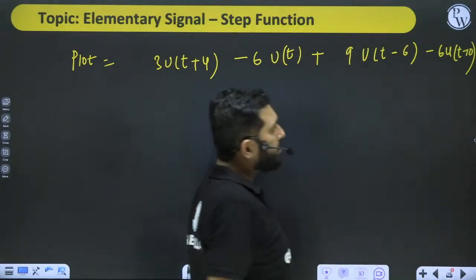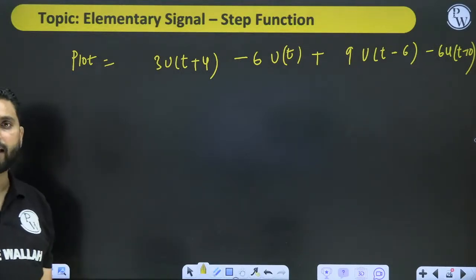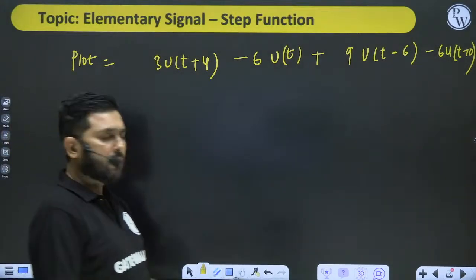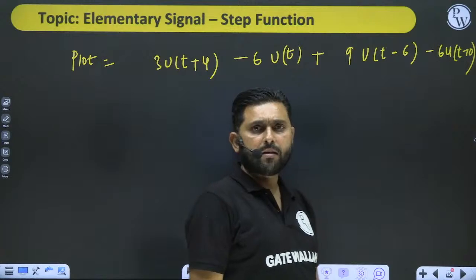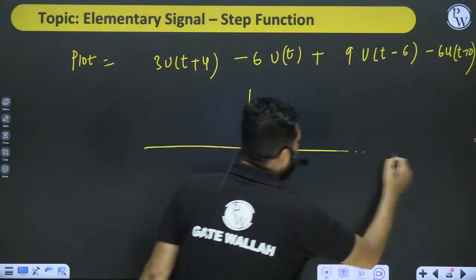Suppose someone asks you this, can you do it? Again, this is a very simple problem. Easily you can do it. Just do it at home. I think the function that you will get is this one.